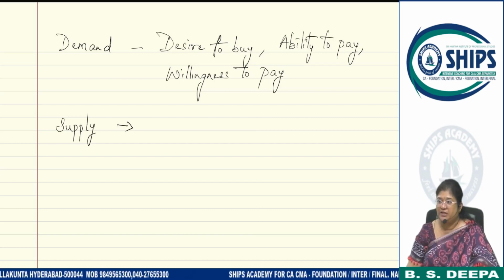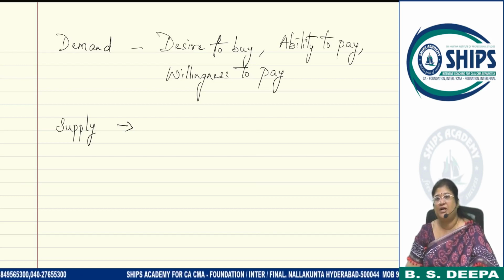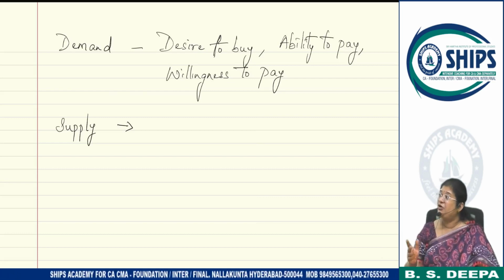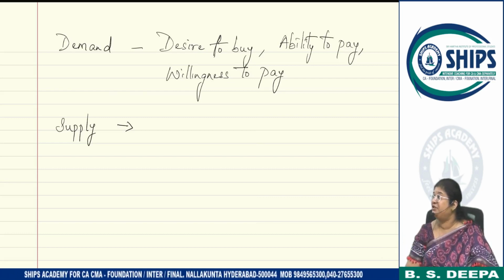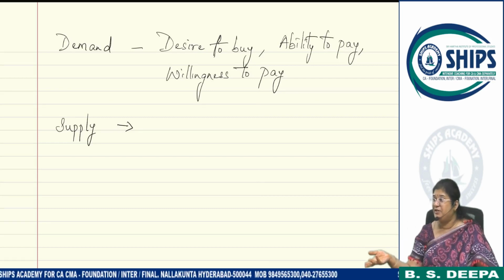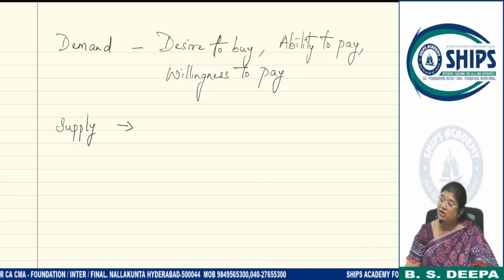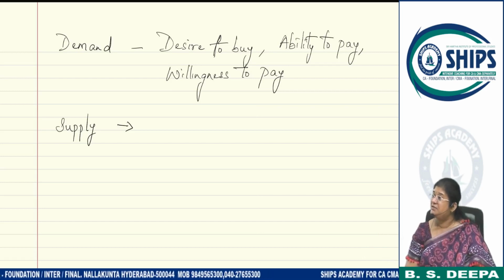Today at 10 rupees per kg, out of those 100 kgs, I am only willing to offer 20 kgs at that price. Tomorrow, because the price is going to be better, I am willing to offer all my 100 kgs for sale at that particular price. So what do I gather from this?